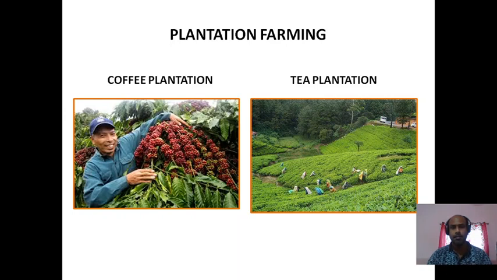In plantation farming, plucking is mainly done by women by their hand, and within the area where plantation farming is done, the processing of tea and coffee is done, and then it is sold to the market. So an area that has plantation, either tea or coffee, must be well connected with the market with a good transport network.